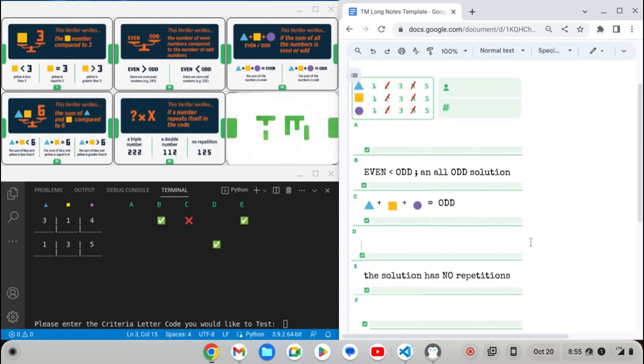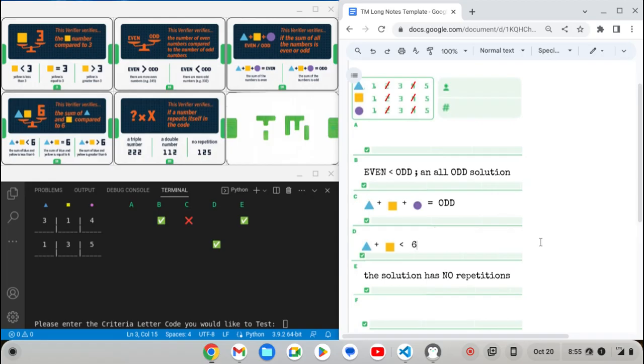And that is that triangle plus square must be less than 6. Okay, and what can we say about a sum that's less than 6?